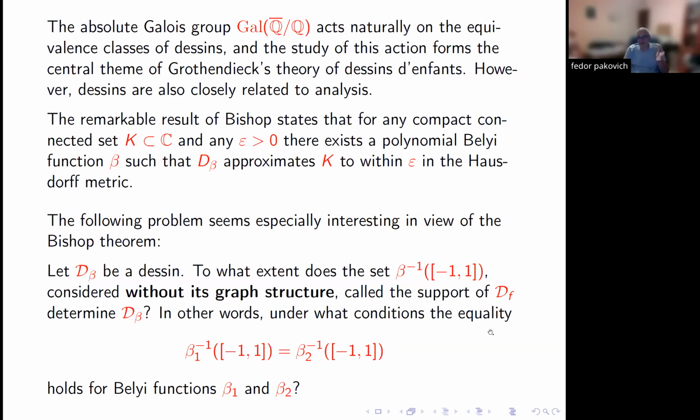In other words, under what conditions does the equality hold for Belyi functions beta 1 and beta 2? We can see that it is actually a particular case of the general problem about preimages of compact sets. It is particular from two points of view. First, we consider only very special rational functions with only three critical values. And then we also consider a very special compact set. But still, it is a particular case of this problem.